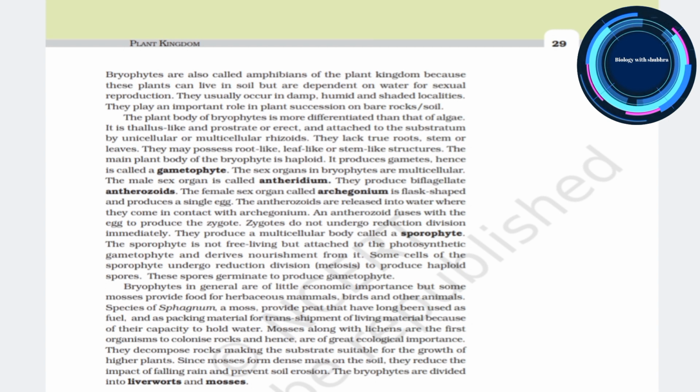So here we see the two types of bryophytes are present, that is liverworts and mosses. Now we are going to learn a bit in detail about them.